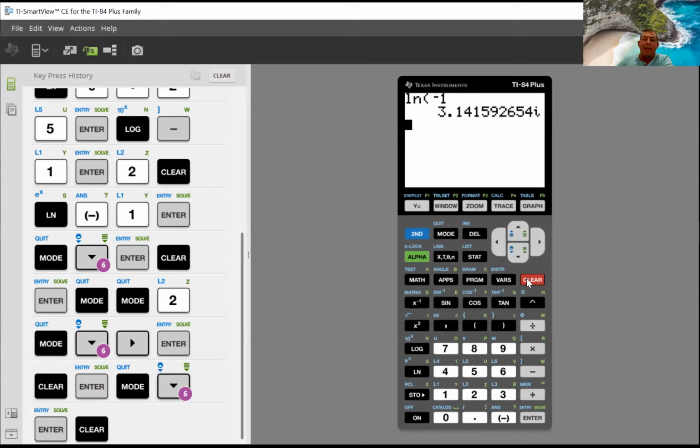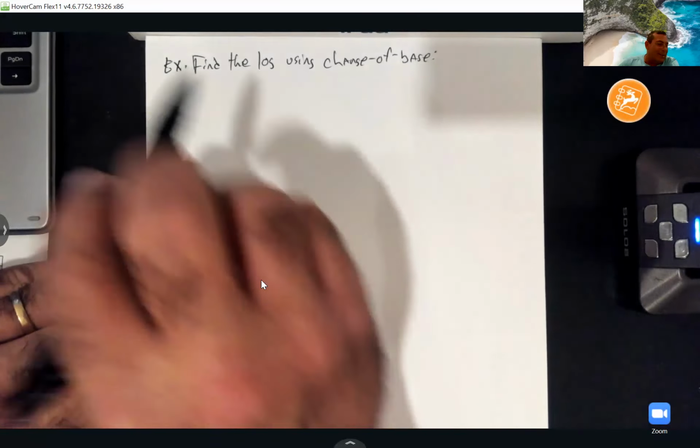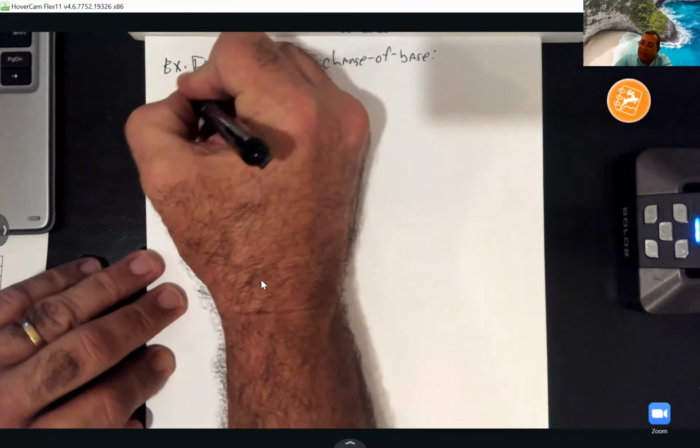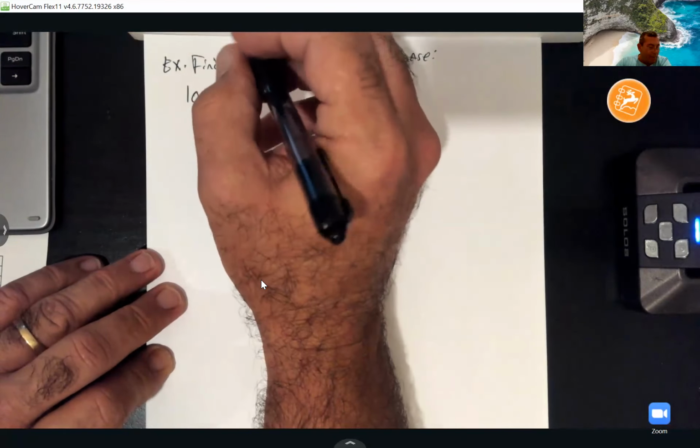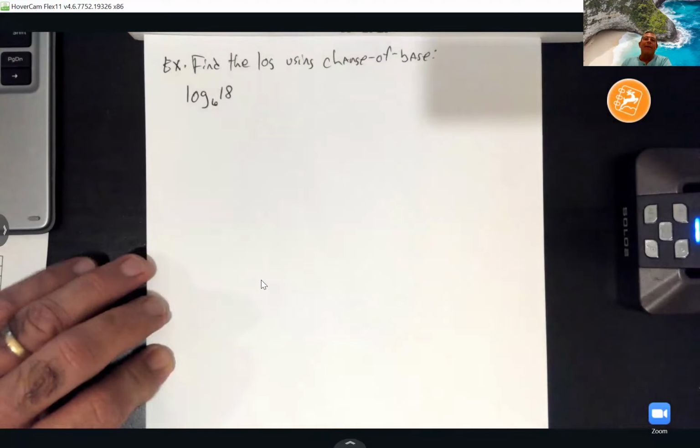I ain't even showing my page, am I? All right, there we go. Find a log using change of base. So let me give you an example. This one has a log base 6 of 18.